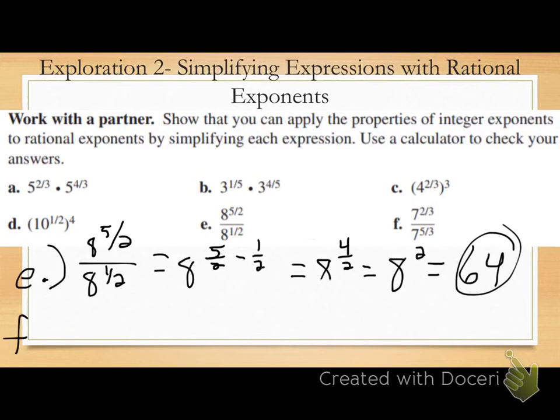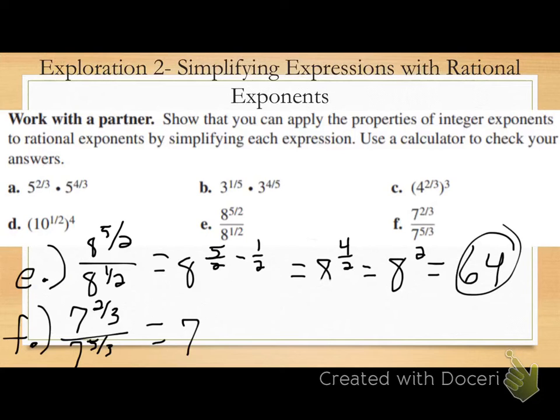F. We have 7 to the 2/3 over 7 to the 5/3. Okay, what do we do on letter F? We have to subtract. Top minus bottom, right?